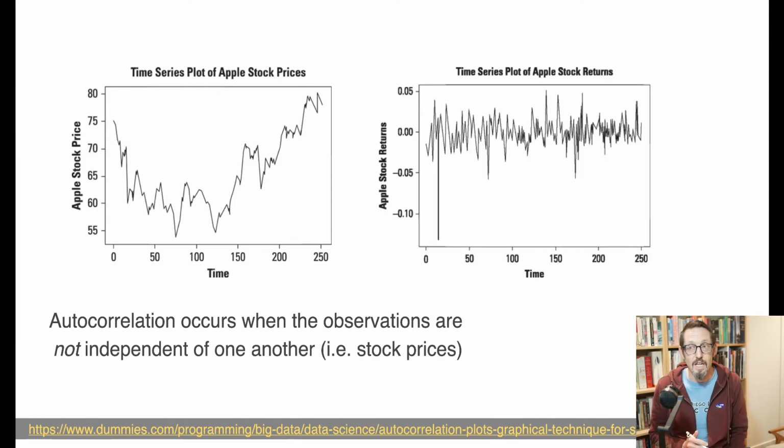Now, note that while the stock price itself is autocorrelated, the day-on-day gains are not. So this is what a time series looks like that's not autocorrelated, right? It looks jaggedy, raggedy. There are no runs where day 1 and day 2 are very similar, right? There's no clear view of periodicity here.